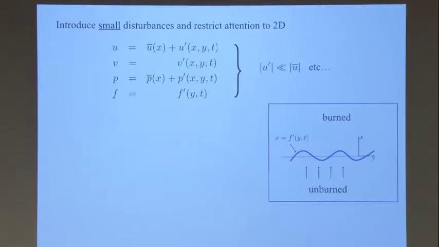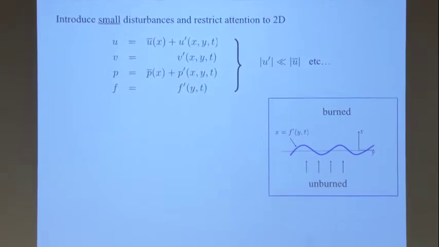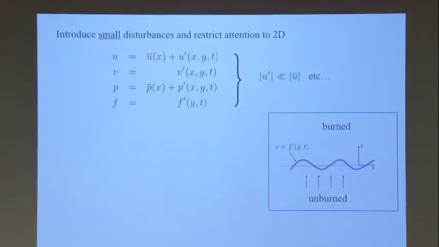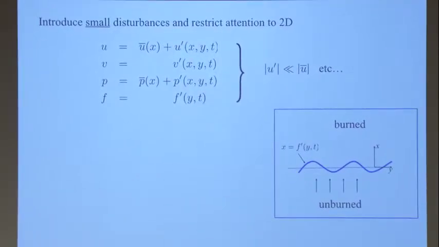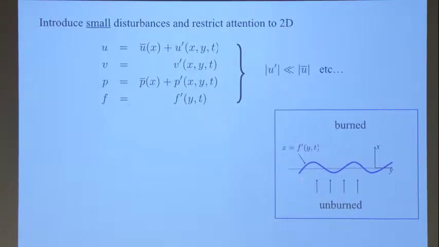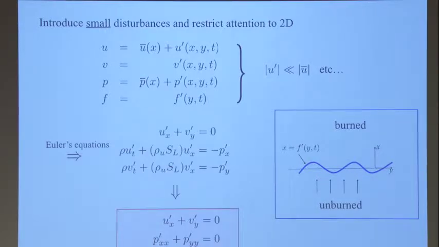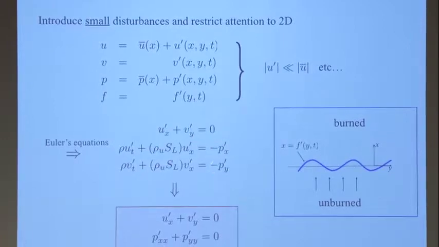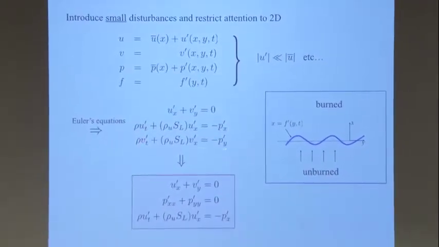So we know that. So the next thing is we introduce perturbation. The bar here is the planar flame. The primes are perturbations. So we perturb the flame, so also the flame surface is perturbed. Now it's the blue curve. And the next thing is we introduce this perturbation in the governing equation, the Euler equation, and we end up with these three equations: the x component, the y component, the continuity.